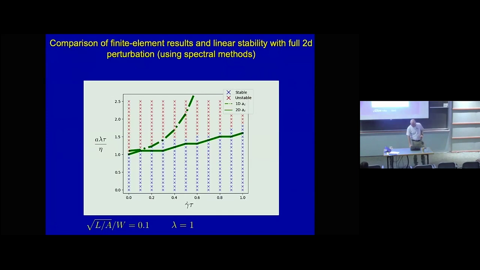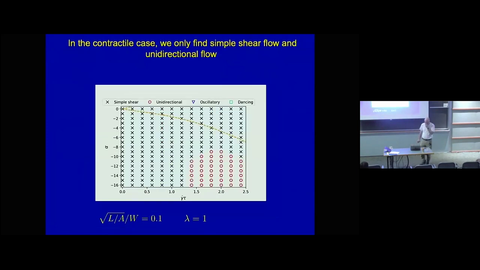Okay, so let me turn in the remaining minutes to the contractile case. I don't have that much to say about it because we don't have a simple physical picture for why the contractile case is unstable due to the imposed strain rate.